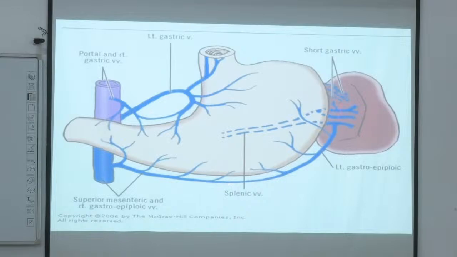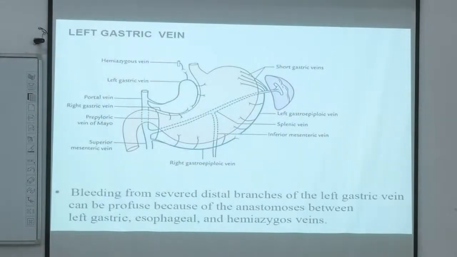Okay, so practice this schematic diagram for venous drainage of the stomach. Next we will discuss the individual veins. Left gastric vein: here is the left gastric vein draining into the portal vein. Here you can see the splenic vein. Left gastroepiploic vein and short gastric veins are draining into the splenic vein, and the inferior mesenteric vein is also draining into this splenic vein.